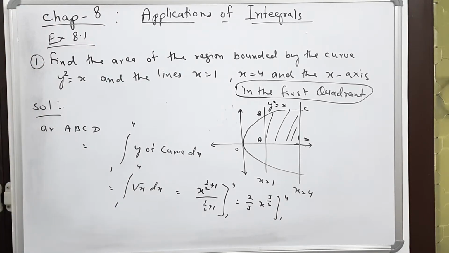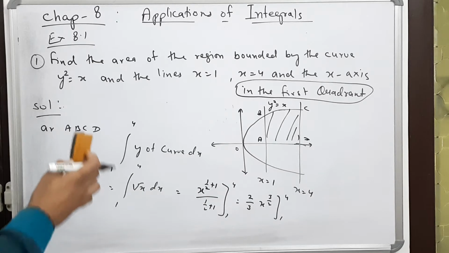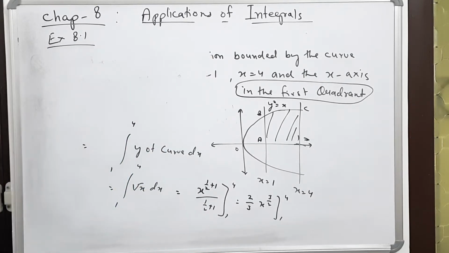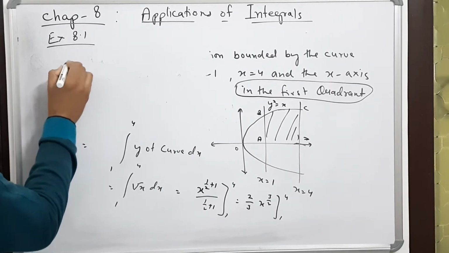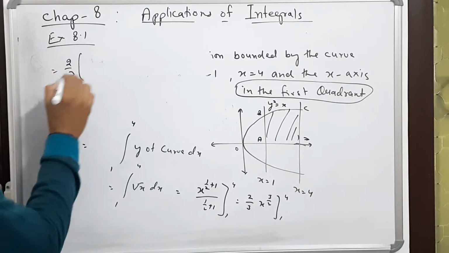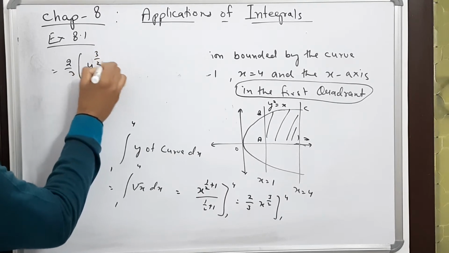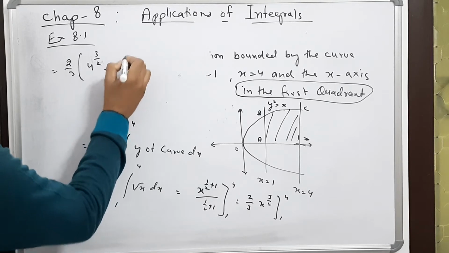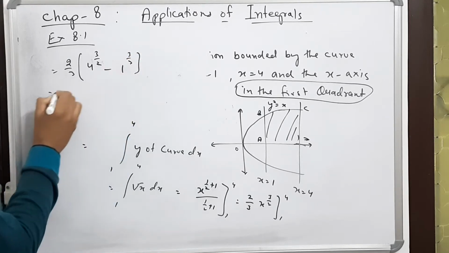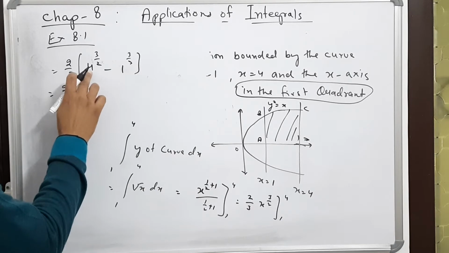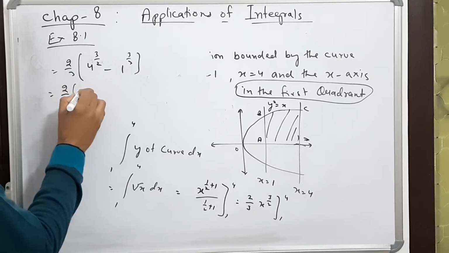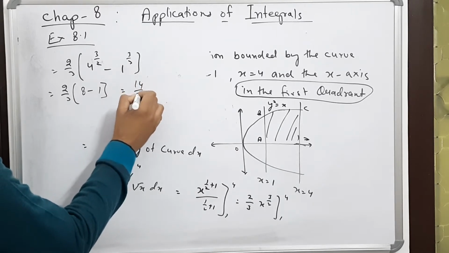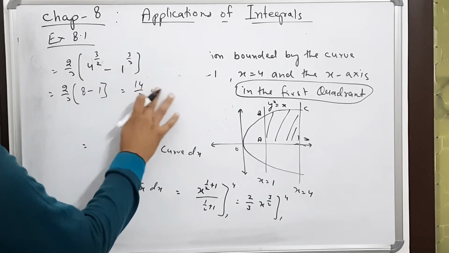Now we simplify: the answer will be 2/3 times (4 power 3/2 minus 1 power 3/2). So it is 2/3, this part will be 8 and this part will be 1. So the final answer is 14/3 square units.